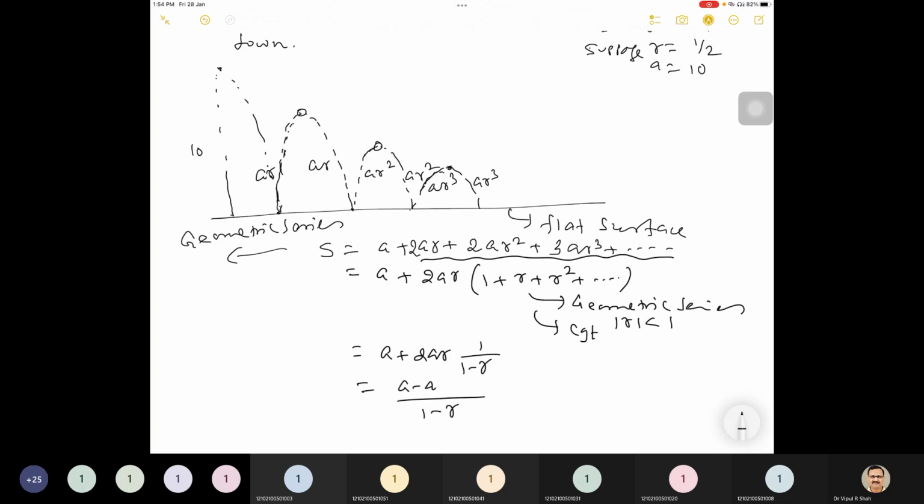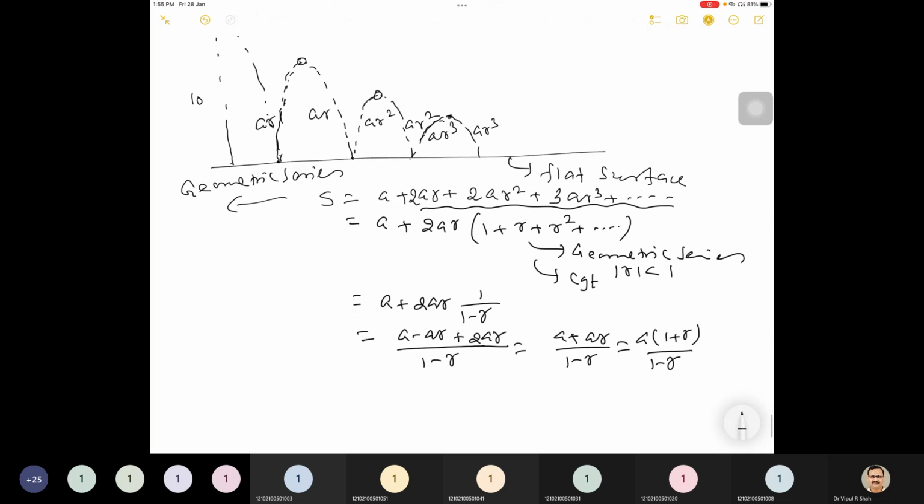This is a minus ar plus 2ar. So this is a plus ar upon 1 minus r. So a into 1 plus r upon 1 minus r. This is the total sum.